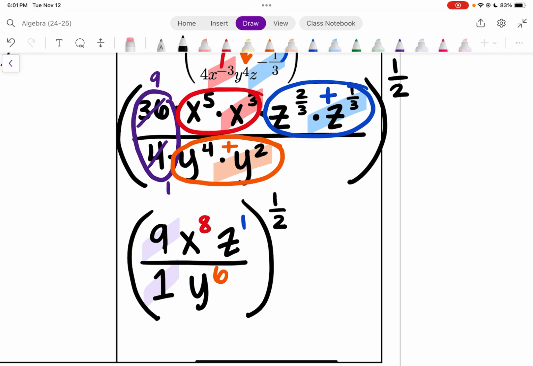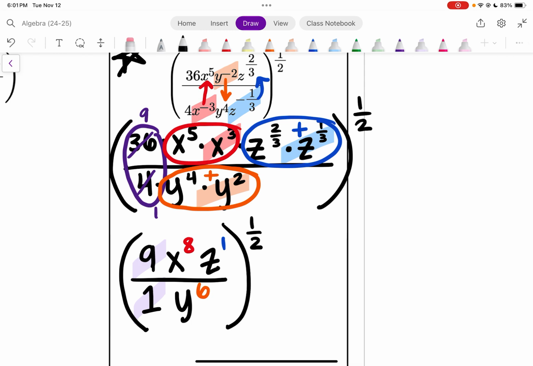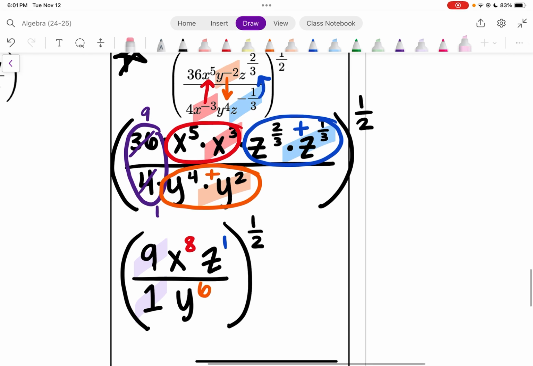I have not touched that 1/2 power, so I'm bringing it down. So now what I'm going to do is I'm going to take my 1/2 and I'm now going to distribute because I have no negatives. I'm down to only one letter each. So now I can take 1/2 to the 9. I can take 1/2 to the 8, 1/2 to the 1, 1/2 to the 1, and 1/2 to the 6.